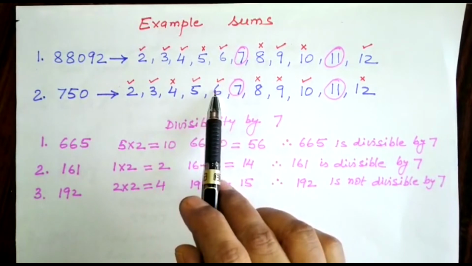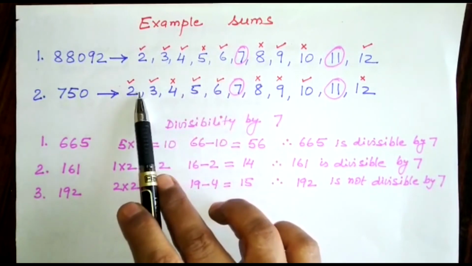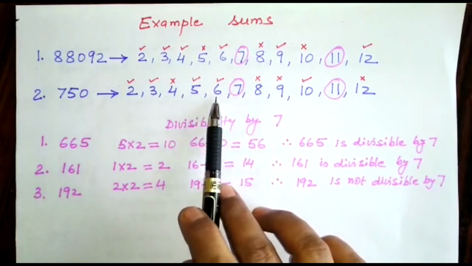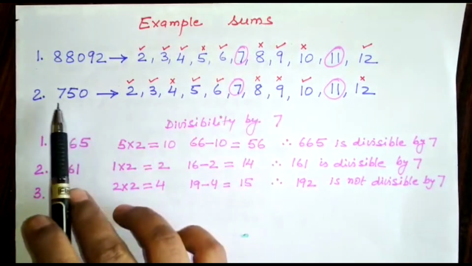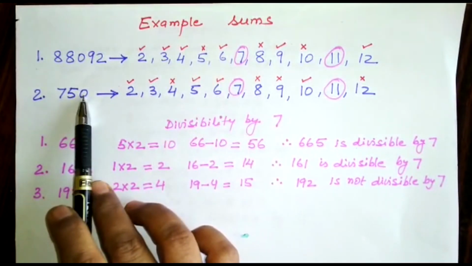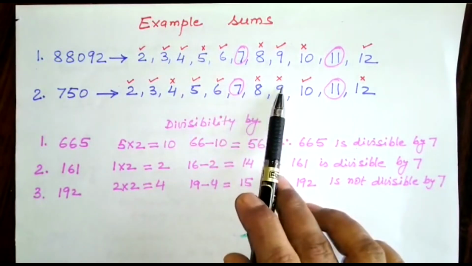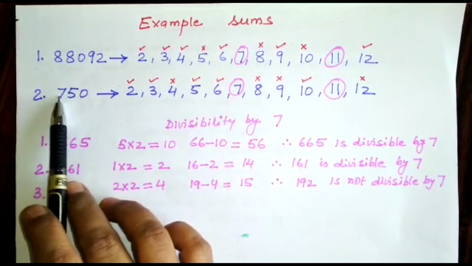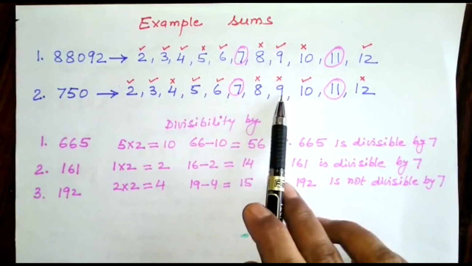For checking divisibility by 6, it has to be divisible by both 2 and 3, which it is, therefore it is divisible by 6. For 8, we have to check whether all 3 digits are divisible by 8, which it is not, therefore it is not divisible by 8. For 9, we have to find the sum of digits. 7 plus 5 plus 0 is 12, which is not divisible by 9, therefore this number 750 cannot be divided by 9.